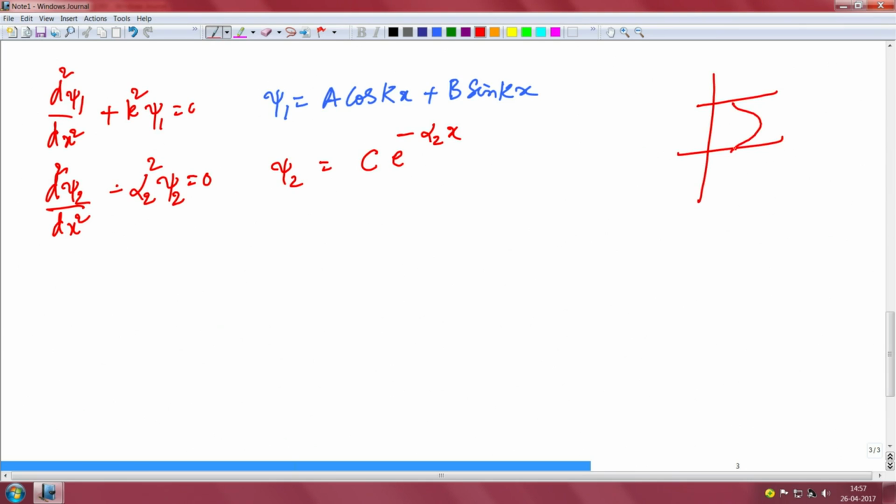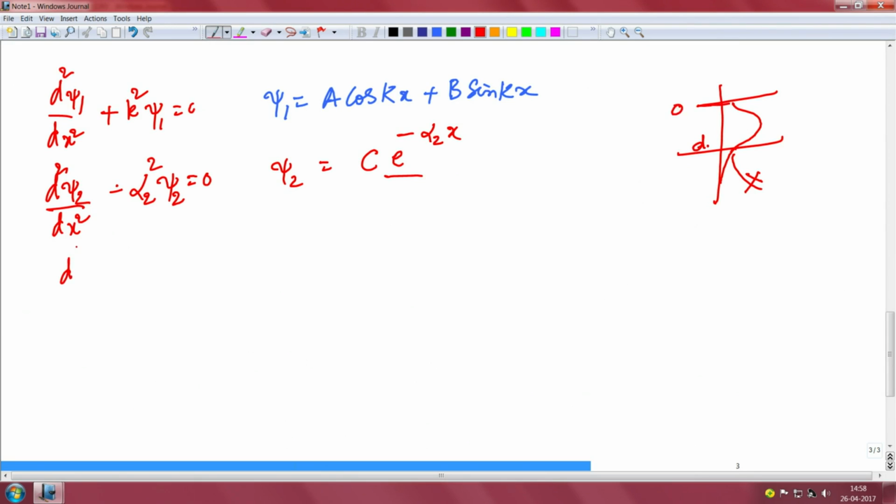This is all oscillatory here and exponentially decaying here. So, we will not consider the field which is exponentially rising in this region. And we will ignore this function, and so we will not put e power plus alpha 2 x. So, we take only exponentially decaying field as a solution for this. This also implies that we are taking the boundary condition at infinity, that the field is going to 0 at x equals infinity. So, we have taken this as the origin and this is the d.